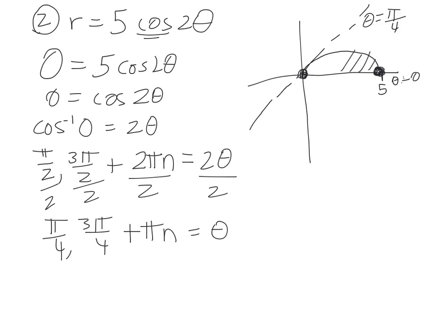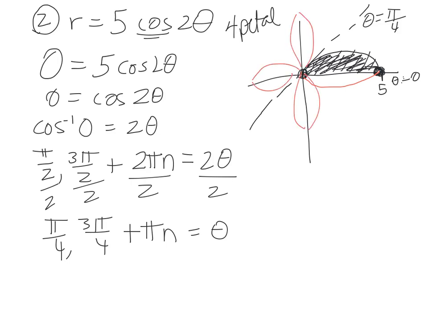This is exactly a half of a petal. This is a 4-petal Rose curve. So what I could do is find the area of this half petal and then multiply it by 8, because that would fill in the other half here, and then you'd have 2 halves here and 2 halves here and 2 halves here. So if I find the area of this half petal, then I can multiply it by 8. So we're handling this one a little differently.